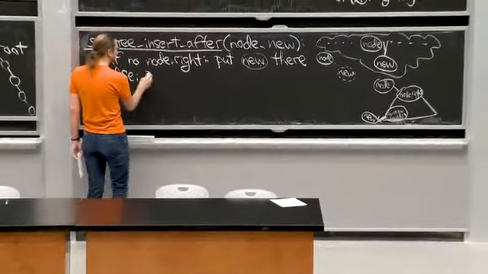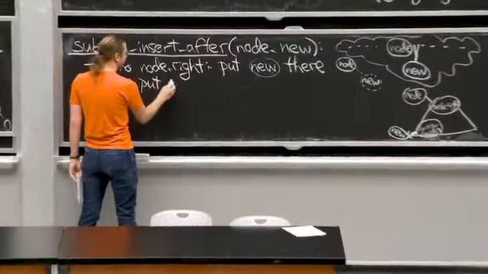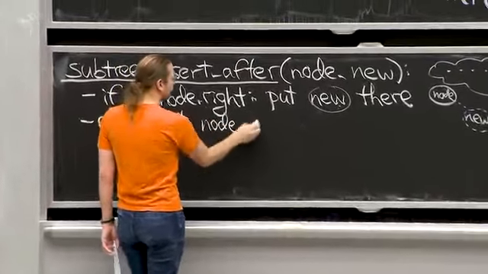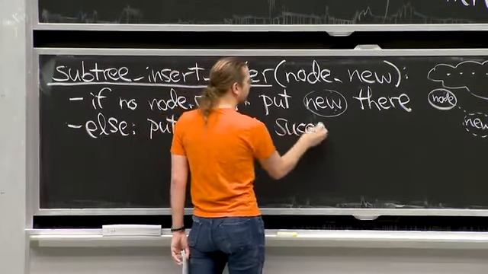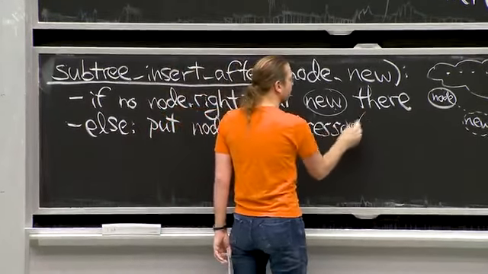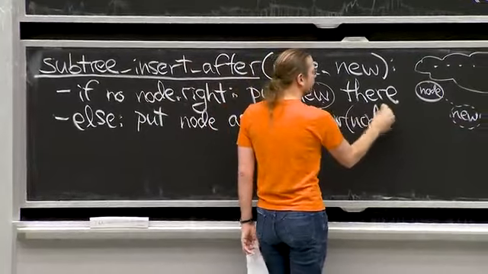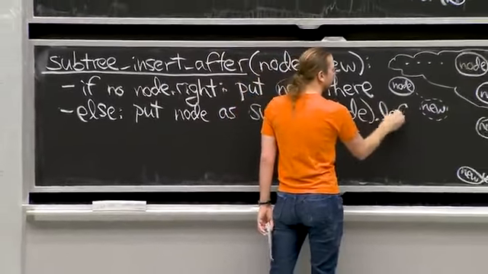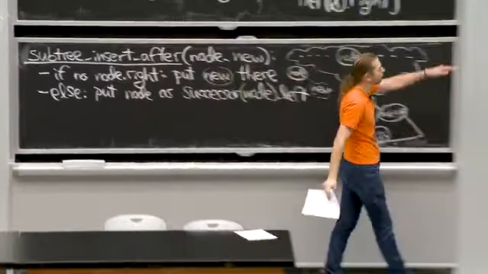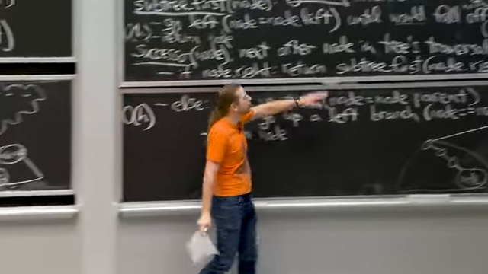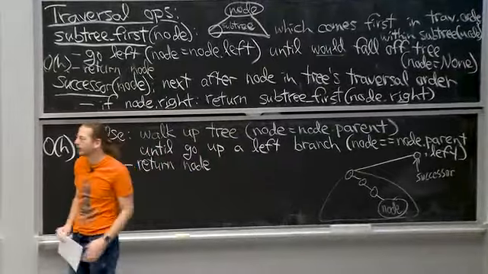Okay, so put new as the left child of the successor. If you look at the code for successor, we're in this case, so we know it will just call subtree first of node.right.